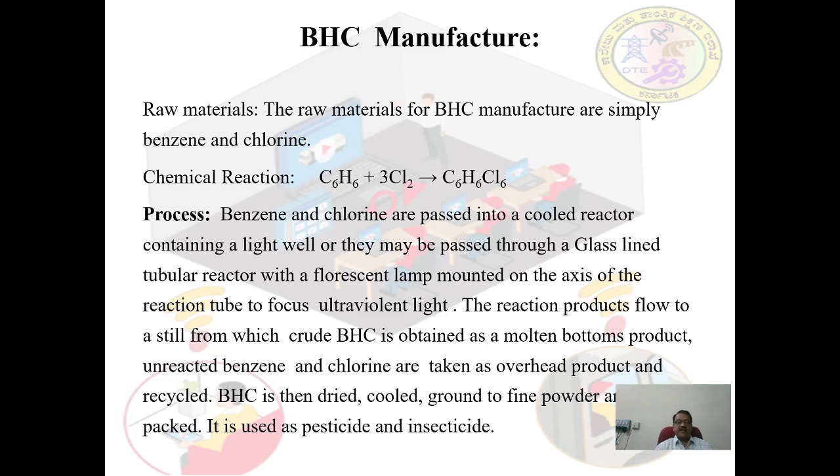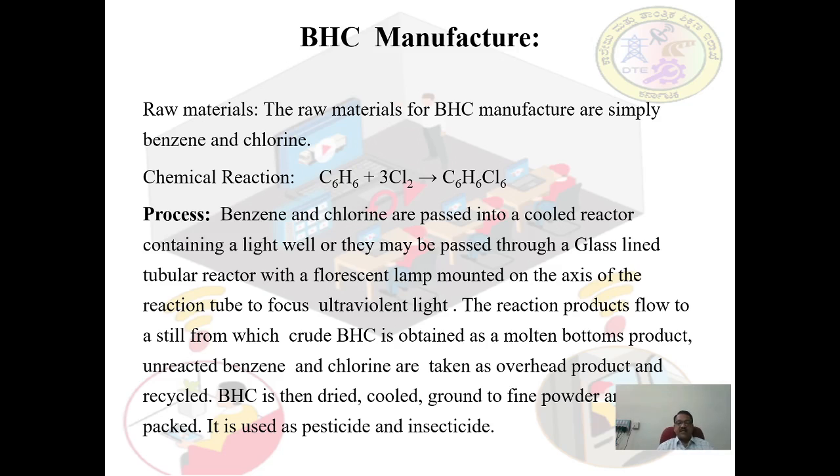The benzene and chlorine are passed into a cooled reactor containing a light well, or they may be passed through a glass lined tubular reactor with a fluorescent lamp mounted on the axis of the reaction tube to focus ultraviolet light.